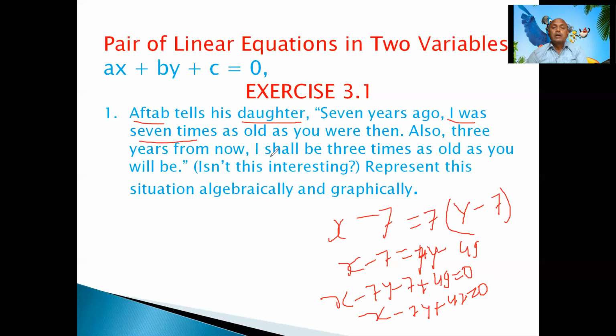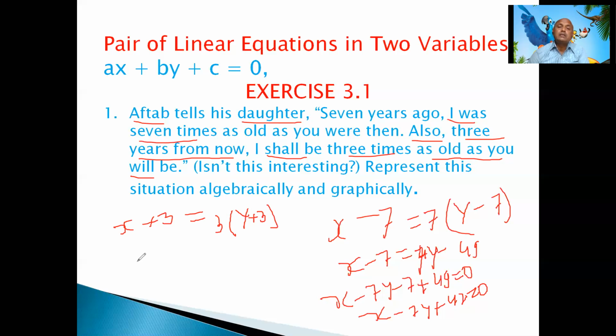Then, I shall be 3 times as old as you will be, after 3 years. 3 years from now means after 3 years. So x becomes x plus 3 after 3 years, y becomes y plus 3. Now correlate them, it is 3 times.